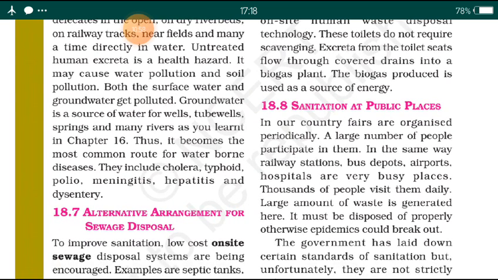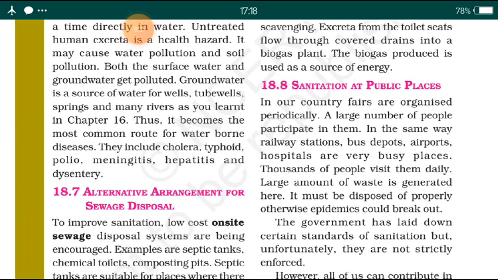Both the surface water and groundwater get polluted. Groundwater is the source of water for wells, tube wells, springs, and many rivers, as you learned in chapter 16.